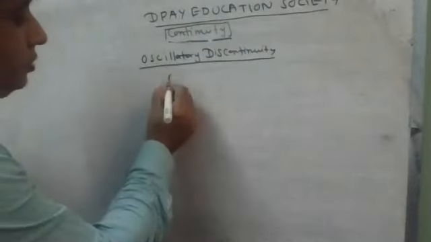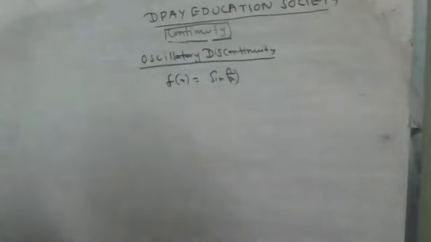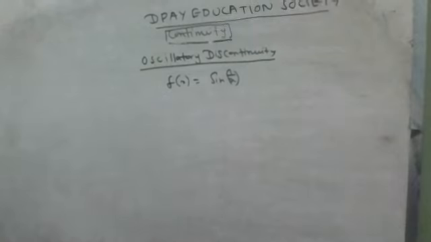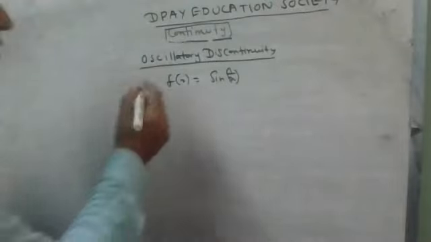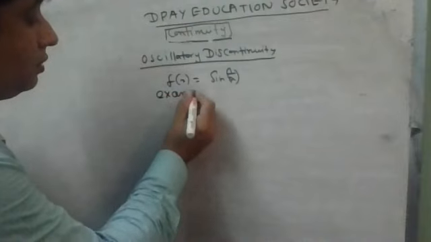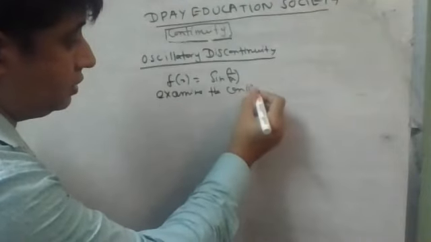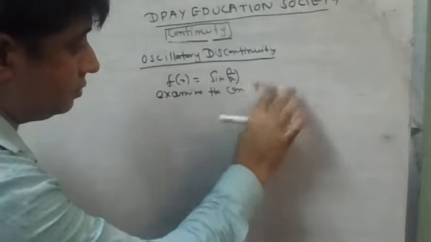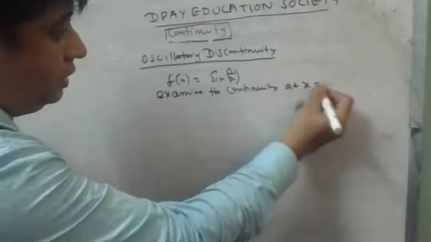Oscillatory discontinuity. Suppose f(x) is equal to sine 1 by x, a function, and you are told to examine the continuity at x is equal to 0.